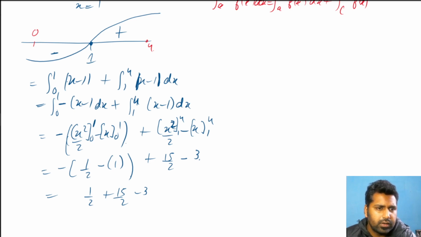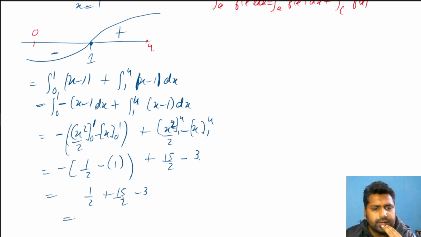There's something wrong. By 2 is there, 0 to 1, 1 to 4. 1 minus 1 by 2, 4 square, 16, 16 minus 1, 15 by 2, oh, minus 3 is there, no?